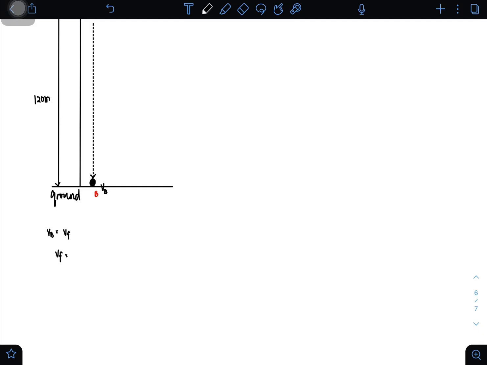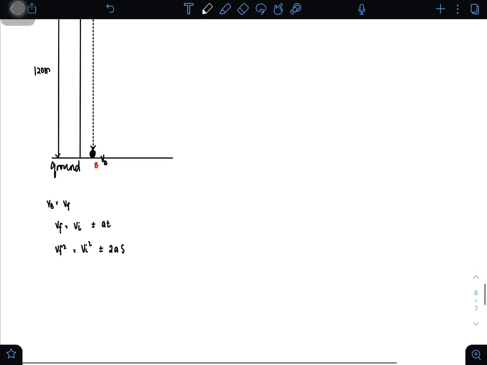Final velocity is equal to the initial velocity plus or minus acceleration times time. Then we have final velocity squared equal to the initial velocity squared plus or minus twice the acceleration times the distance. Then we have the distance equal to the initial velocity times the time plus or minus one half of the acceleration times the time squared.